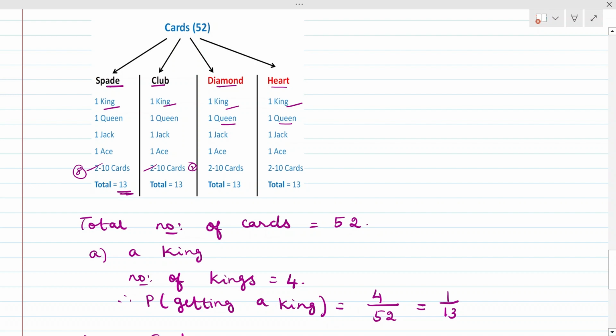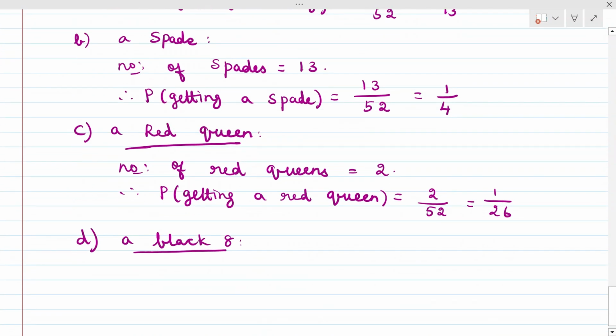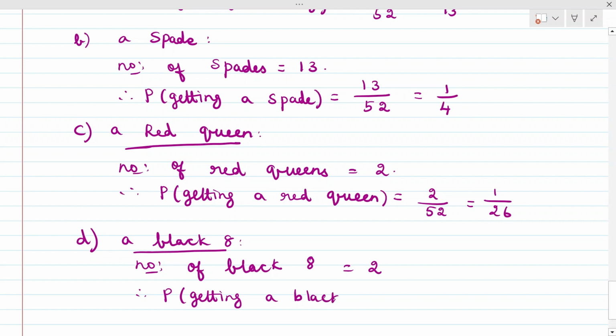So, we have 2 black 8. Now, how many black 8s are there? Number of black 8. How many black 8s? 2 we have. Therefore, probability of getting a black 8 is equal to 2 by 52, which is again equal to 1 by 26.